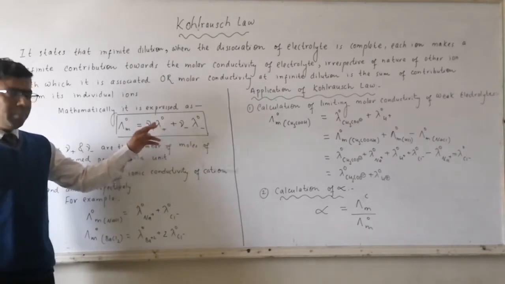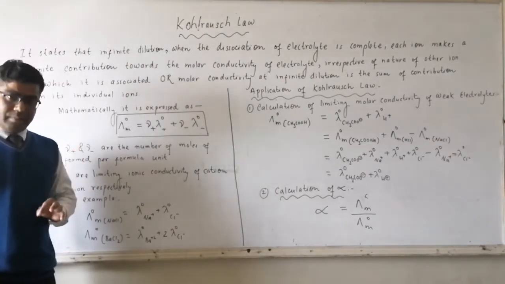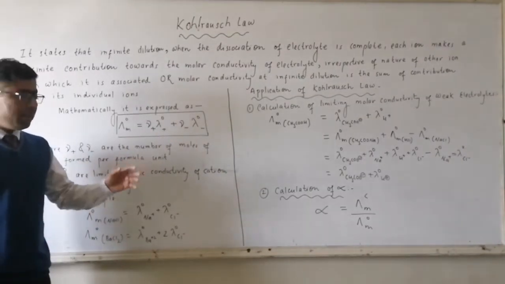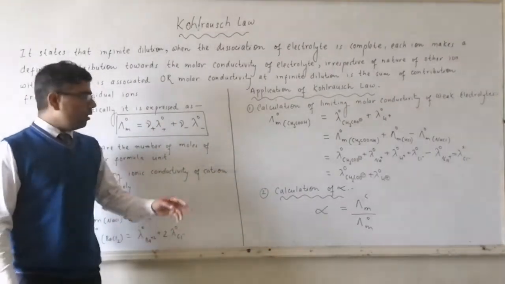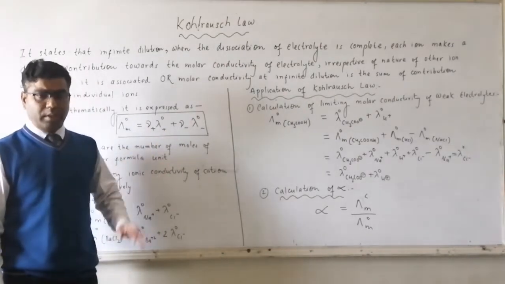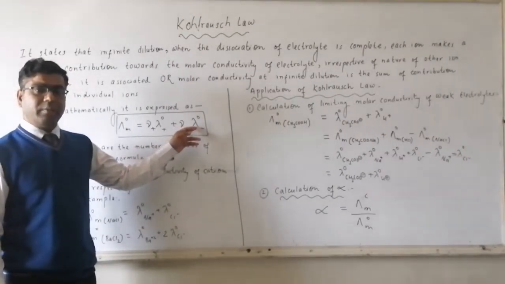This is the maximum conductivity exhibited by the cation, which is called limiting ionic conductivity for the cation, plus the number of anions formed per formula unit into the limiting ionic conductivity for the anion.